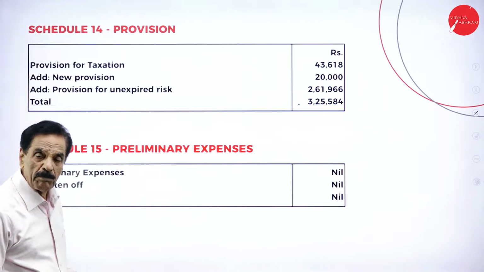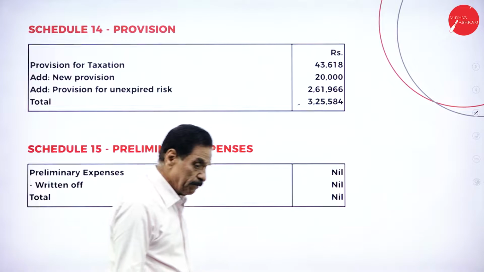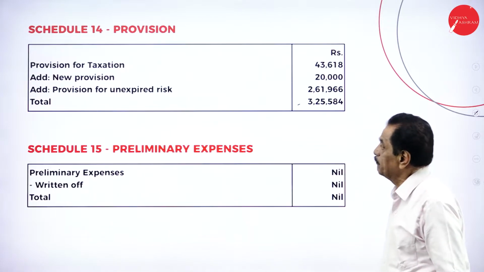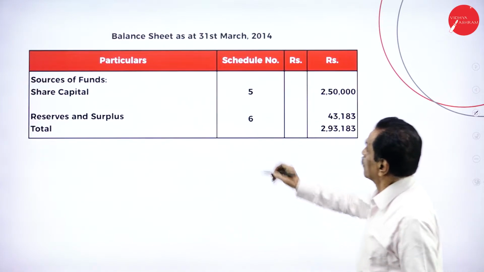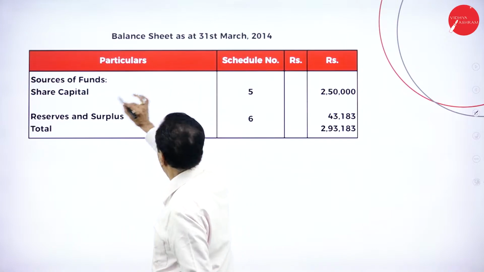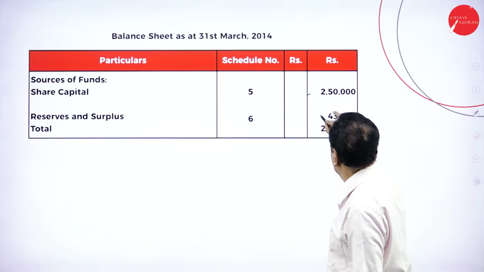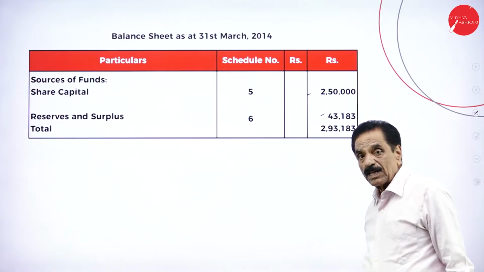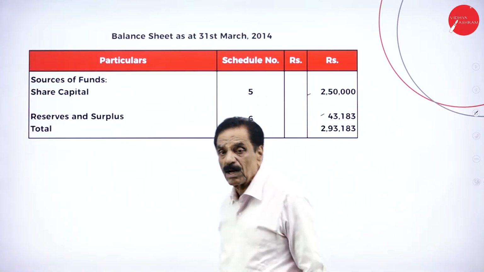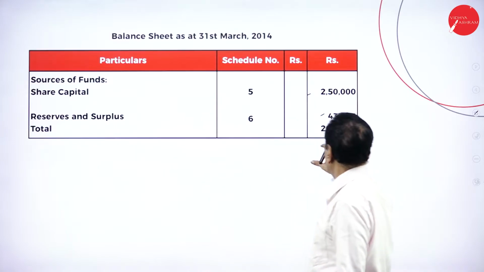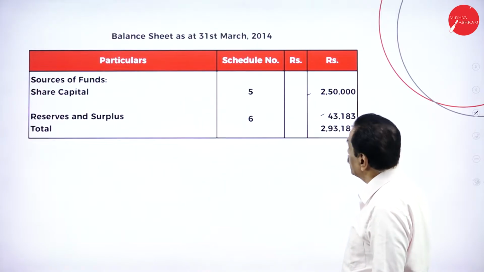But as per the problem, there are no preliminary expenses. Then if you have a balance sheet now: source of fund, share capital 2,50,000, reserve and surplus 43,183. There are no borrowings under source. Only total will come, 2,93,183.